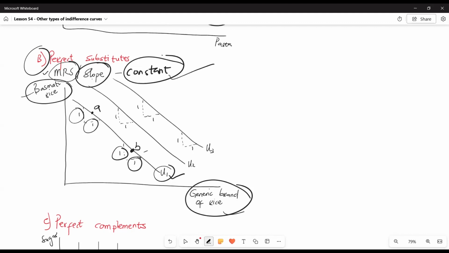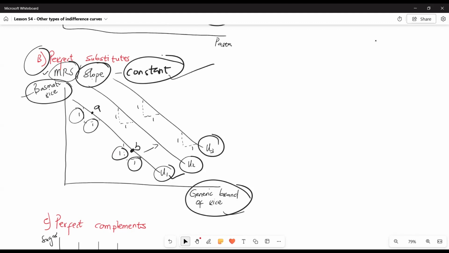Now, even if the consumer moves to another indifference curve, then the slope is also going to be the same along that indifference curve. And similarly for U3. So for any particular indifference curve, the slope along that line is constant, making them a straight line.